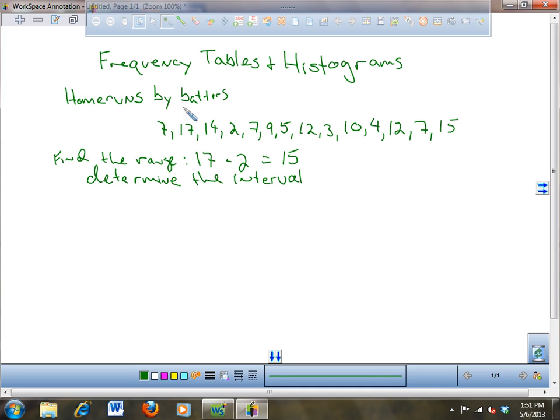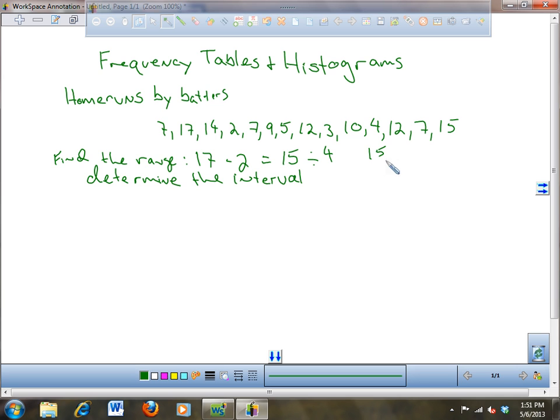So let's say we want 4 intervals. Let's try putting 4 numbers in each one, because 4 times 4 is 16. So if I divide 15 by 4, what do I get?